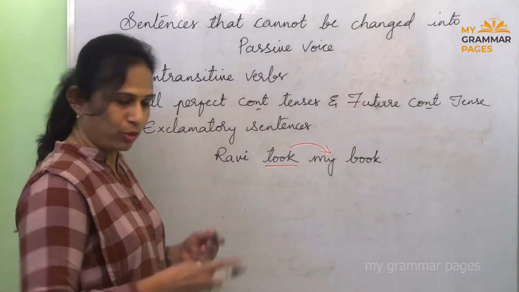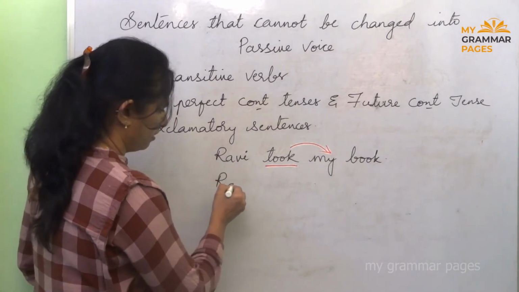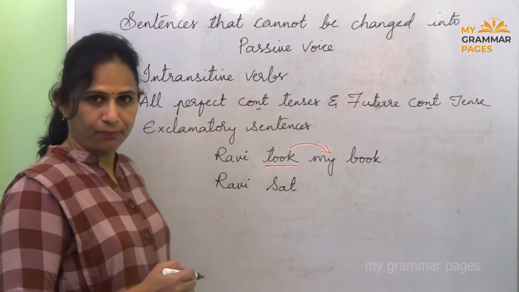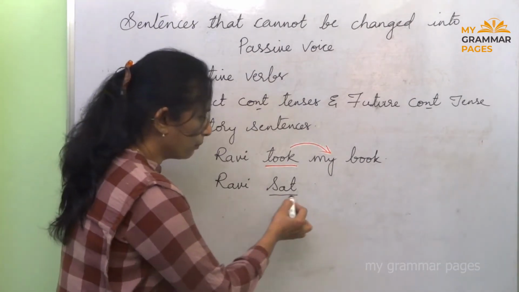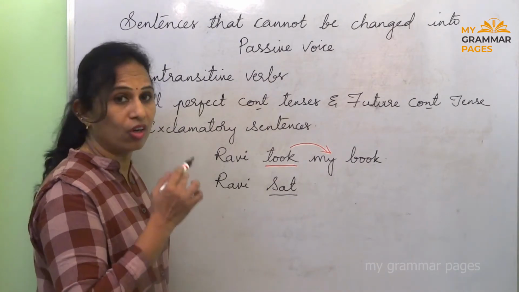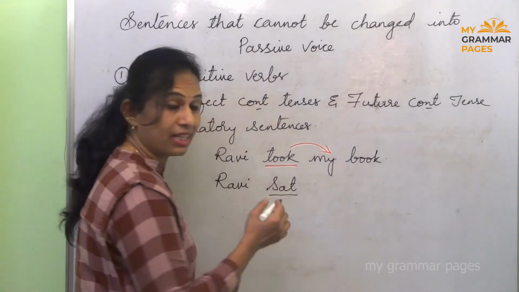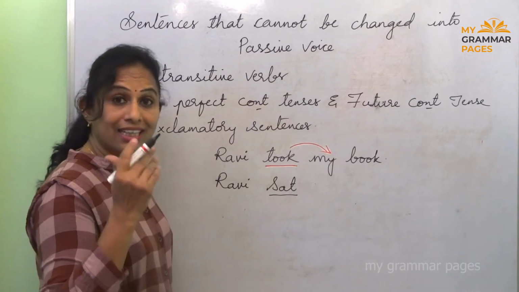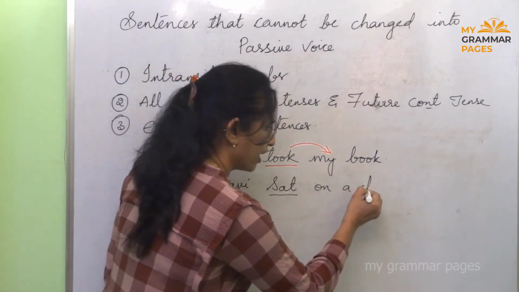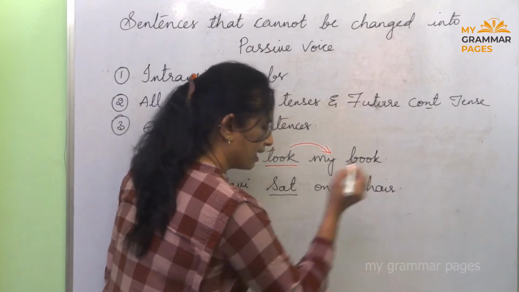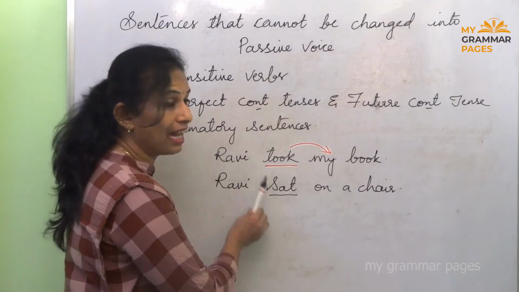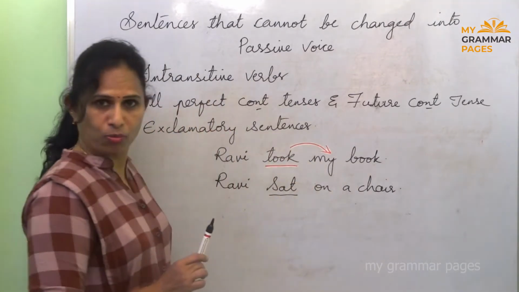Now I'll give you one more example. Ravi sat. Yes, this is a verb, but let us find out whether this is a transitive verb or an intransitive verb. If it is an intransitive verb, it doesn't accept an object. Ravi sat on a chair. In this sentence, I have added an object, but this word sat is not receiving the object here.